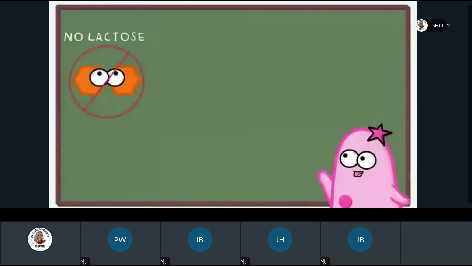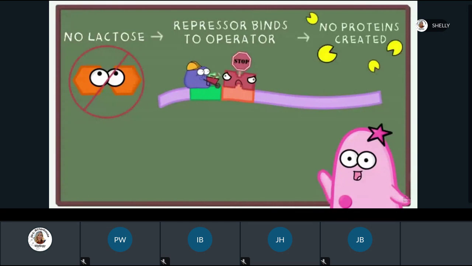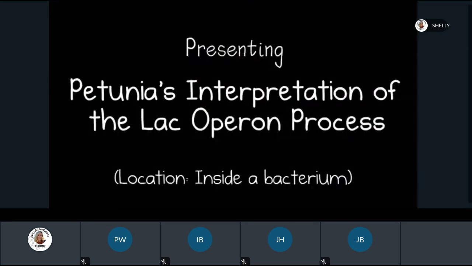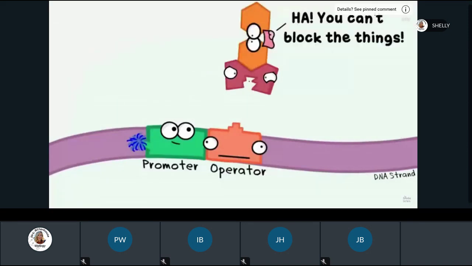So if lactose is not present, then the repressor binds to the operator, and this blocks RNA polymerase. So mRNA cannot be made, and therefore the proteins, the enzymes in this case, cannot be made. But if lactose is around in the environment, something pretty cool happens. The lactose, remember that's the sugar, binds to the repressor.